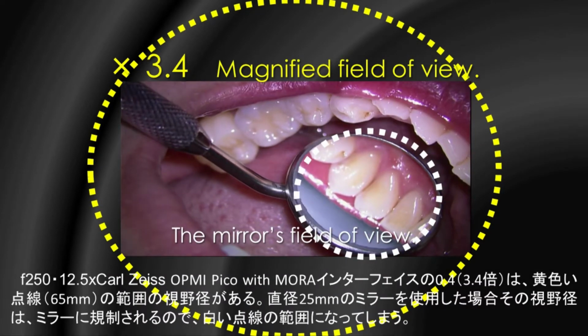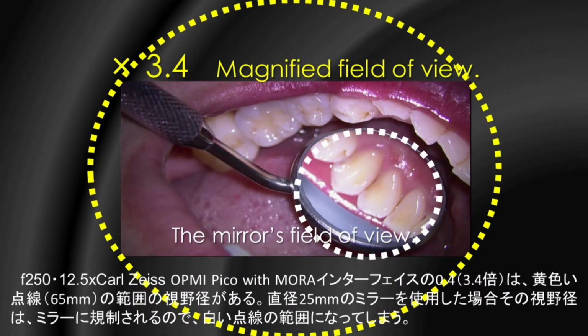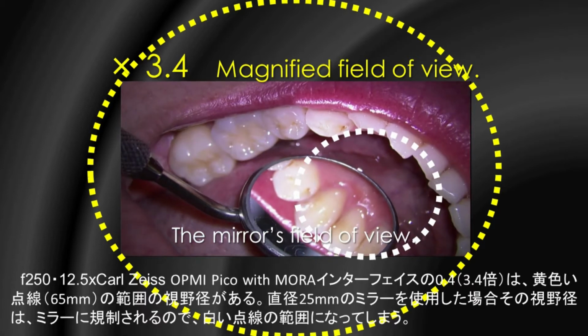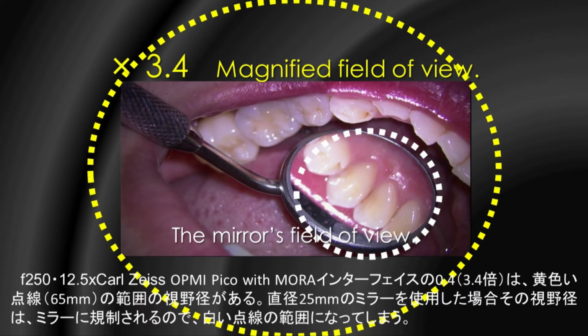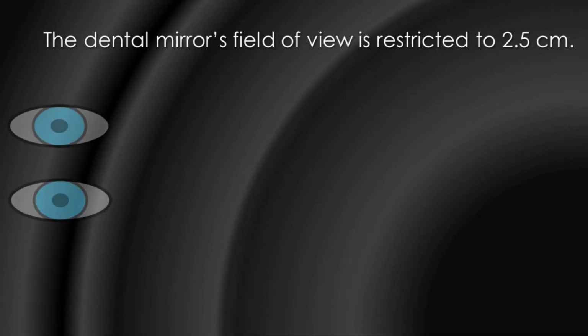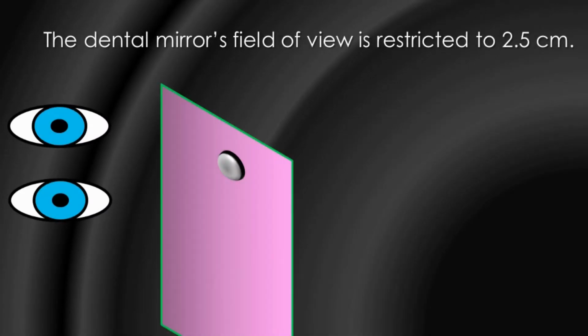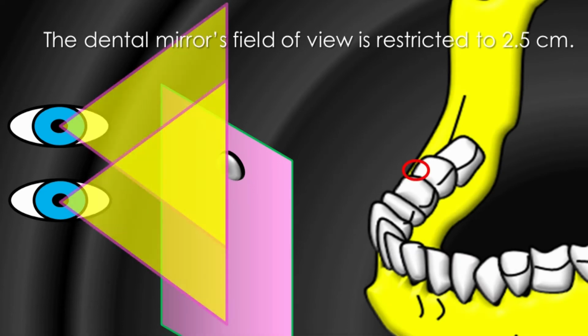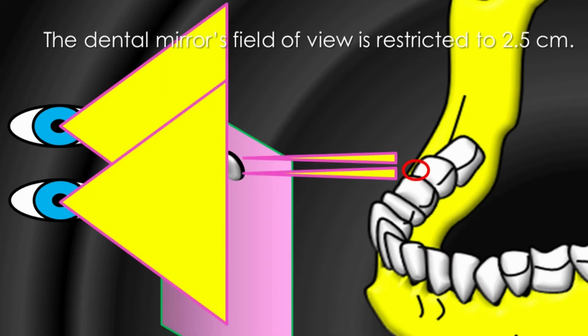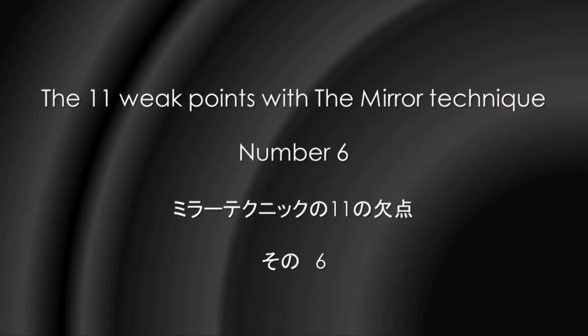This is a 3.4 magnified field of view, and compared with the mirror's field of view, it is very small. The dental mirror's field of view is restricted to about 2.5 centimeters or even smaller.